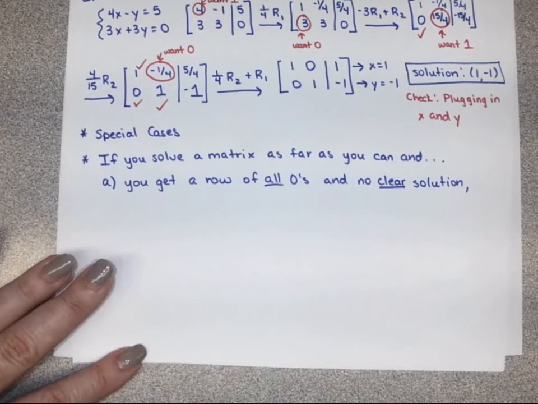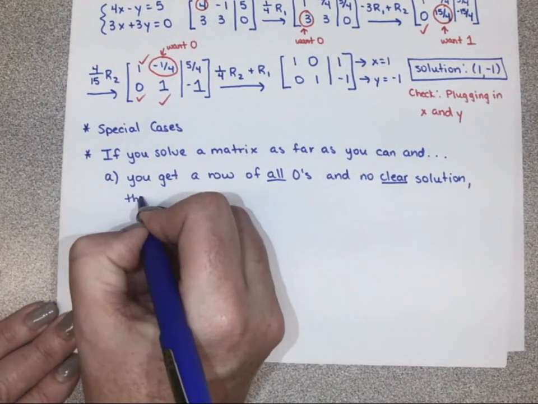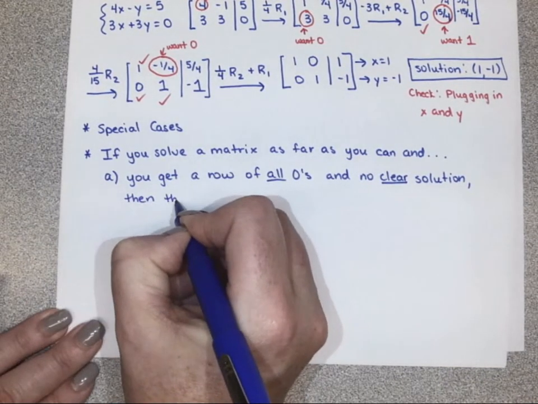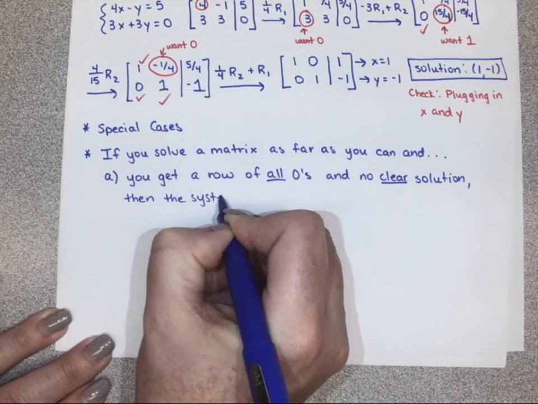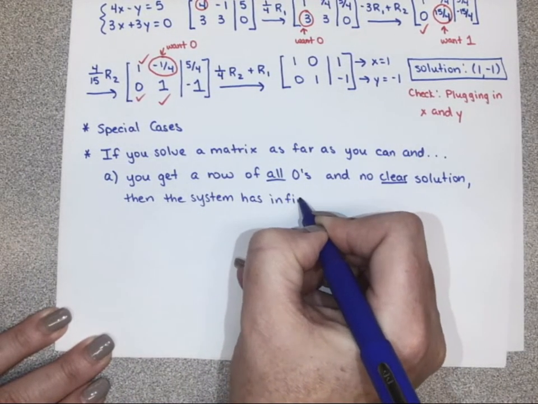I'm not saying there's no solution, I'm saying there's no clear solution, okay? When you get all zeros, it means that the system has infinitely many answers. The reason you're not getting a clear answer is because there's an infinite number of them.